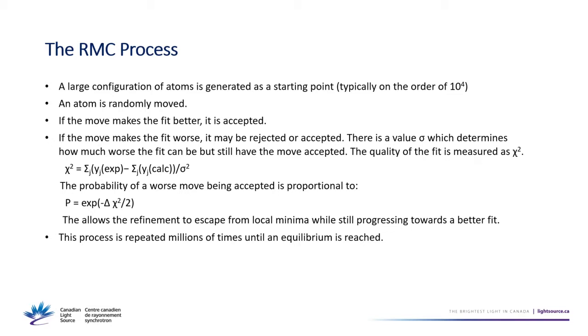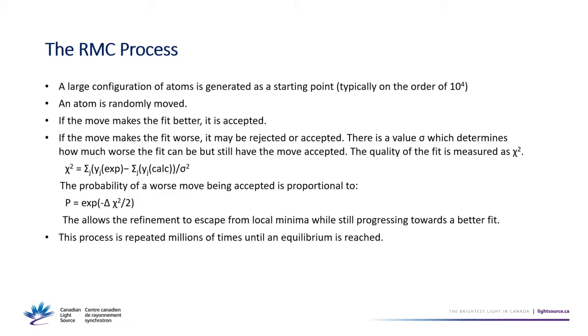So if you have a big sigma, then you can accept a lot of moves, and if you have a small sigma, you don't. The probability of a move being accepted is based on the change in chi-squared after you move. This difference in chi-squared determines the probability, and it falls off exponentially as the fit gets worse. So moves that make the fit a little bit worse are much more likely to be accepted than moves that make the fit much worse.